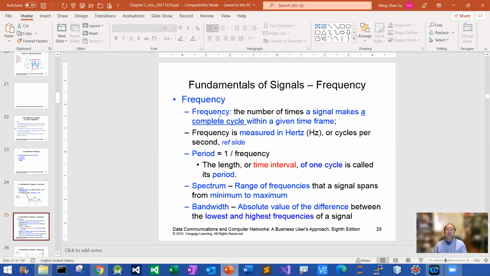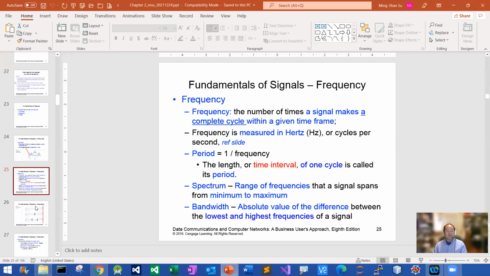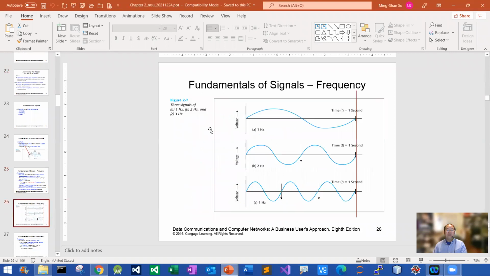Frequency is the number of times a signal makes a complete cycle within a given time frame. Frequency is measured in hertz, short for Hz, or cycles per second. Let's take a look at the figure here.